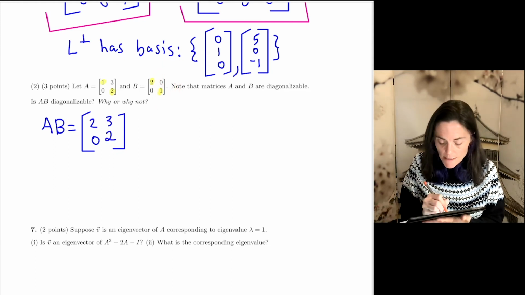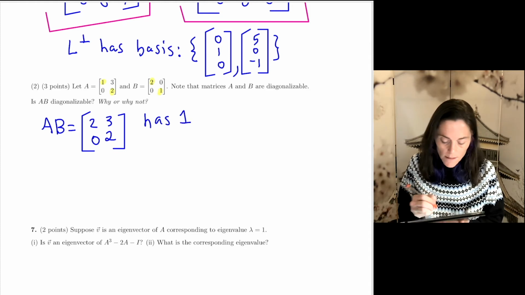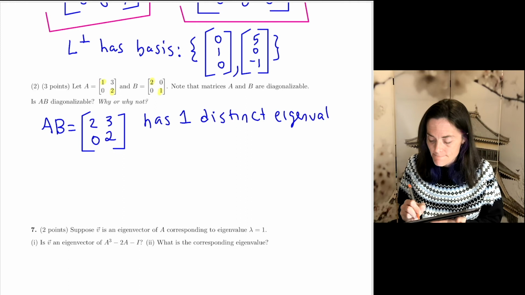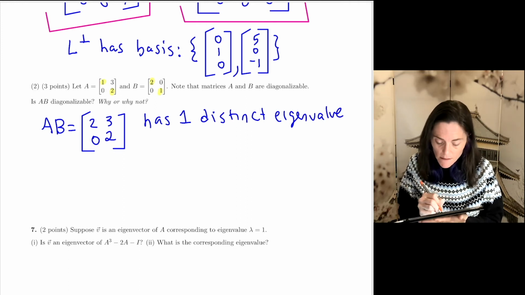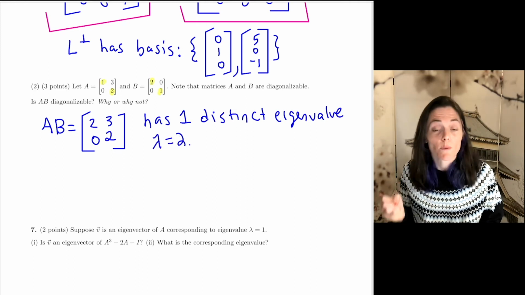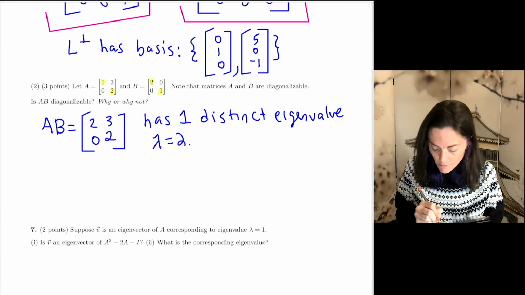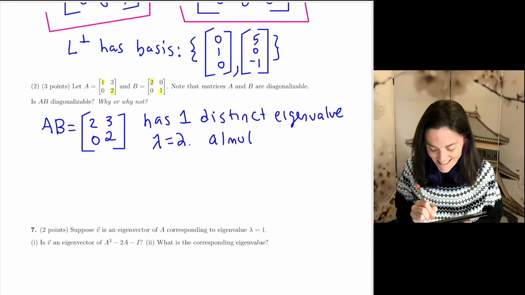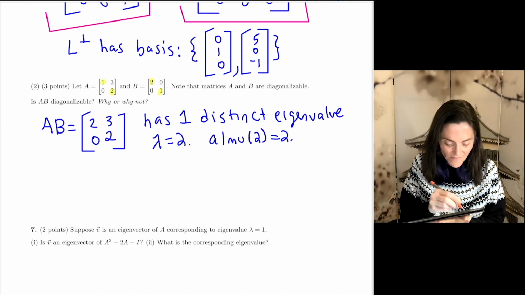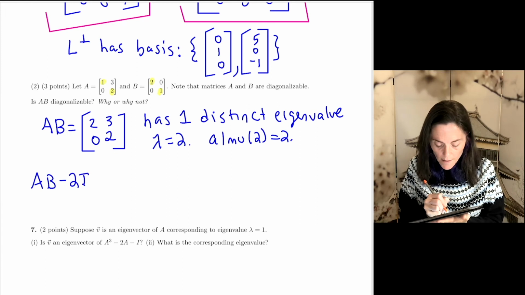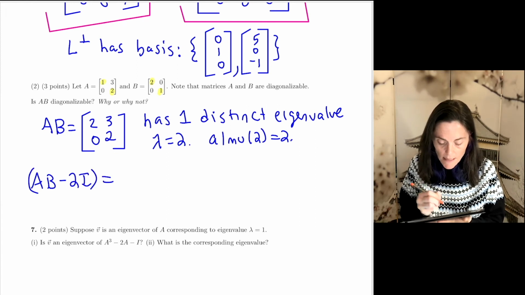So this matrix has 1 distinct eigenvalue. We see it, it's along the diagonal. It's repeated, lambda equals 2, 2, algebraic multiplicity 2. We can even write that if we want. However, if you take AB minus 2I, this matrix, this is here.